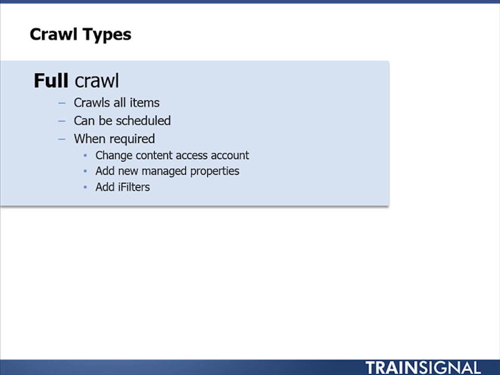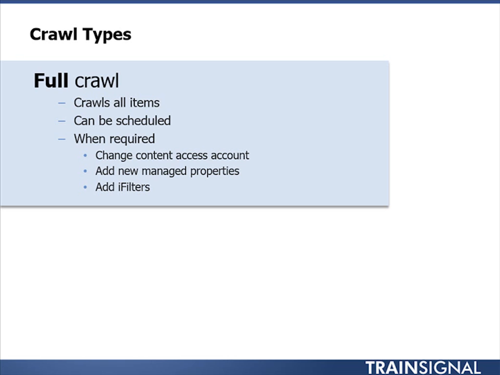Well, the reason that we need to step back and do a full is that unfortunately our incremental crawl doesn't necessarily pick up everything. So if we make certain behind the scenes changes, like adding on a brand new iFilter, modifying the username and password that's going to connect to a particular location, SharePoint Search isn't going to be able to detect those changes without doing a full crawl.